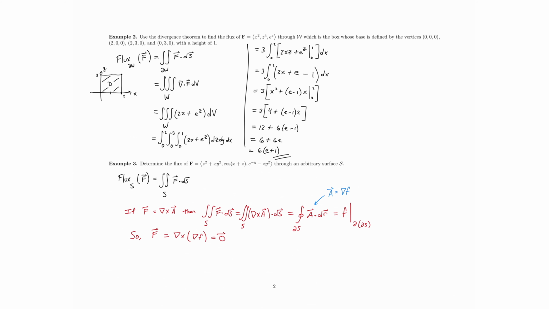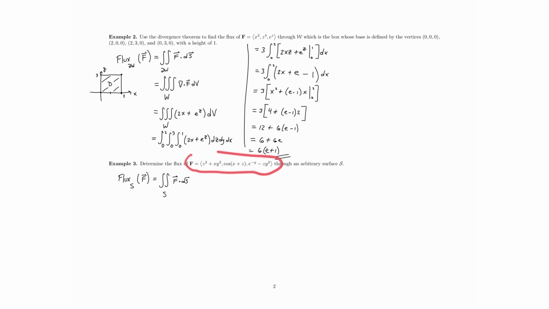Okay. So one way we can check this is, we talked about this in a previous video, that you can tell that F is the curl of some vector field A if the divergence of F is equal to 0.